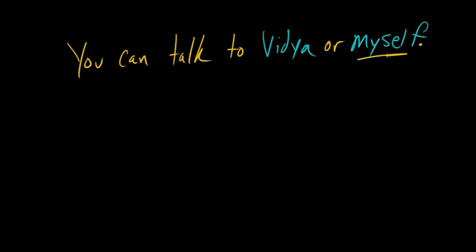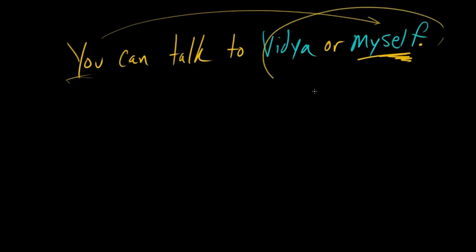It's really easy to get tripped up this way, especially if there's a compound object in the sentence. For example, you can talk to Vidya or myself. I see this all the time. And in standard American English, this is not correct, because you is not the same thing as me. And it's easy to get confused because you're talking about two people here in this object, and that's a little befuddling. It kind of throws you off. And so there's a test you can do if you're unsure of whether or not it should be Vidya or myself, or Vidya or me, which is what I would say.